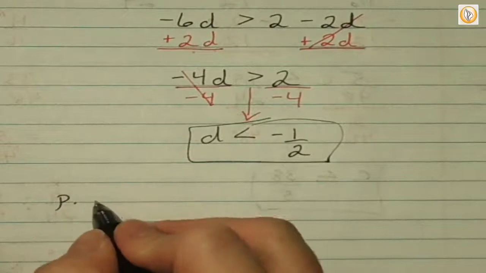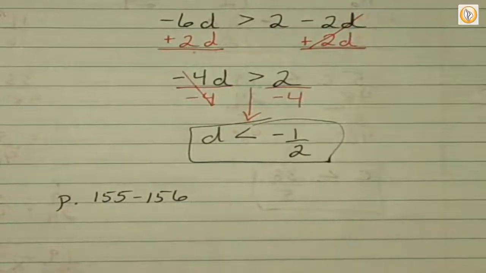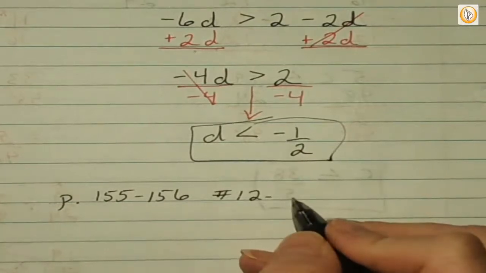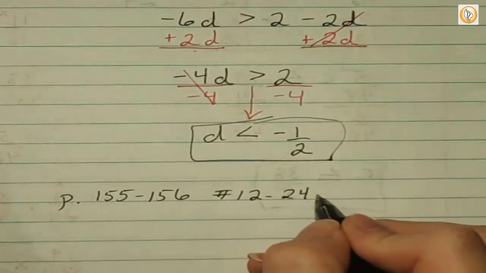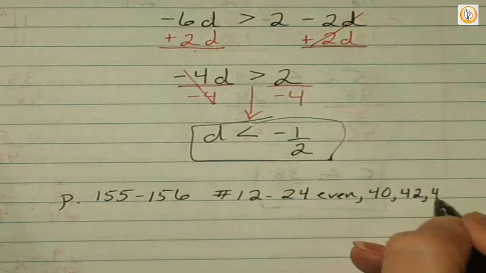Y'all are doing page 155 to 156. Numbers 12 through 24 even, 40, 42, 48.